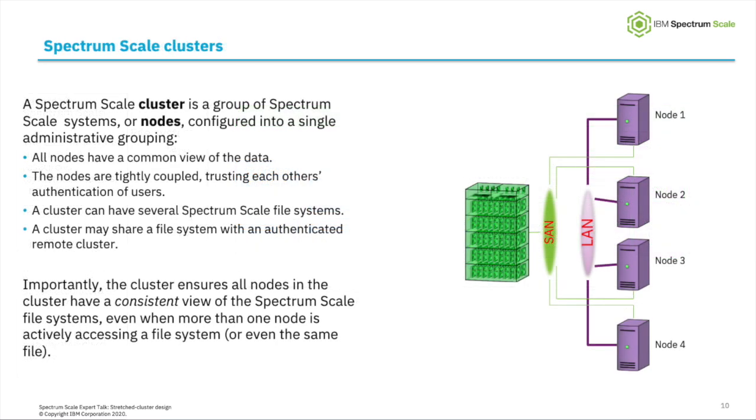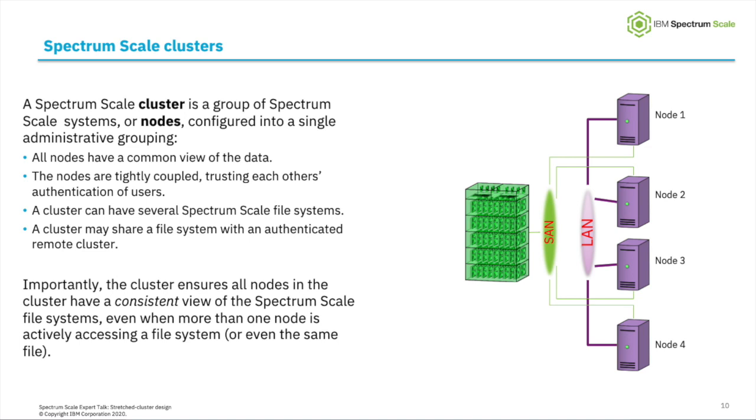All right, and I keep using the word cluster. So a Spectrum Scale cluster is a group of systems, which we call nodes, all running Spectrum Scale as one administrative grouping. The nodes in the cluster will all have a common and consistent view of the data. Applications on different nodes in the cluster all see the data as if they were running on one giant system.